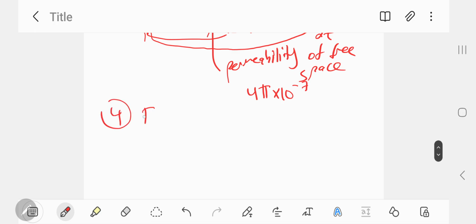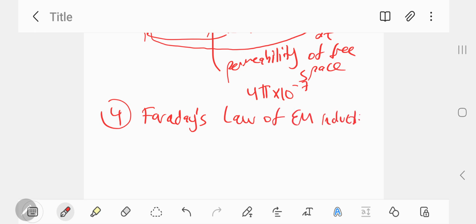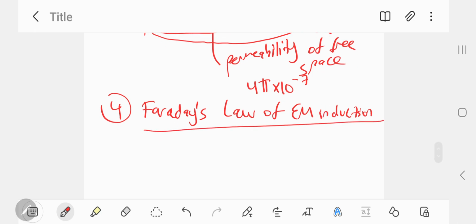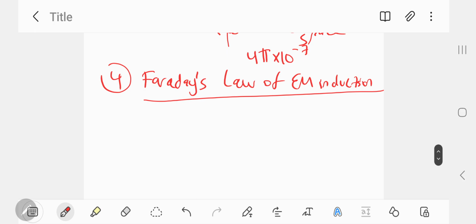The fourth and final Maxwell equation, Faraday's law of EM induction. This was covered in module 6, which is great, so it should be a recap, hopefully. It states that a changing magnetic flux induces a changing electric field, which in turn induces an EMF, an electromotive force, which is basically voltage.